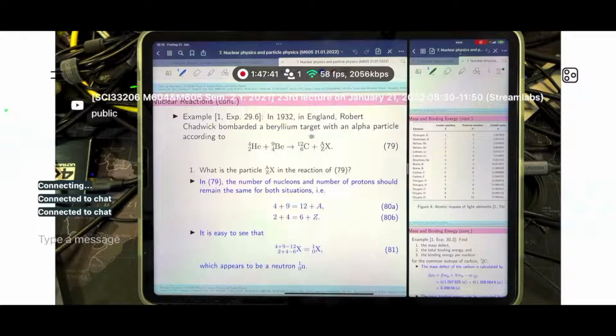But at the moment, Robert Chadwick tried to bombard beryllium-9 using an alpha particle, right?